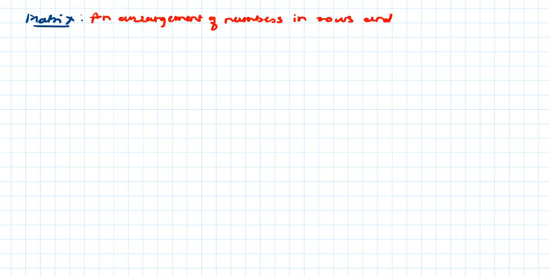So we will write the definition. A matrix is basically an arrangement of numbers in rows and columns in a rectangular array.